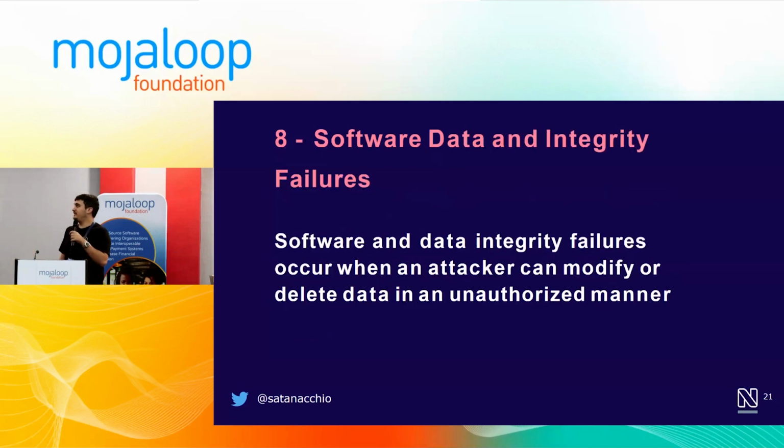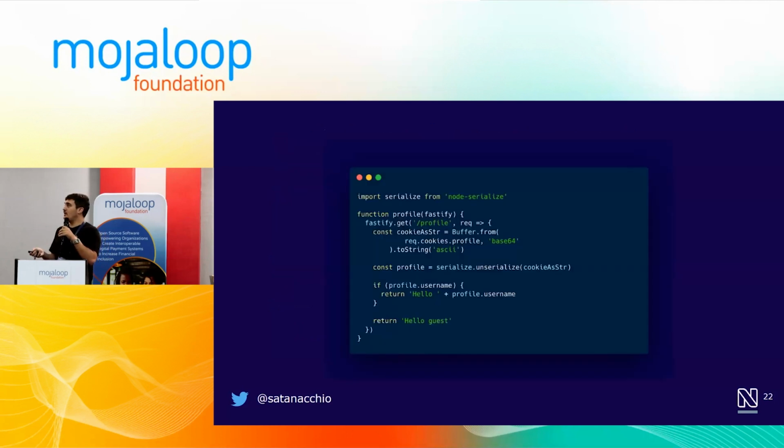Number 8. This is also quite common. It's about software and data integrity failures. This happens when we have some part of our infrastructure that someone can manipulate and change.